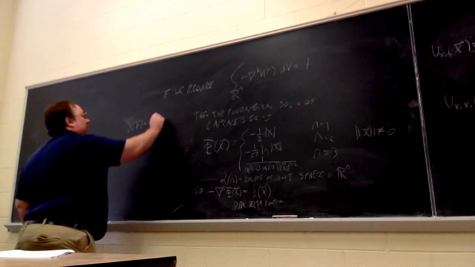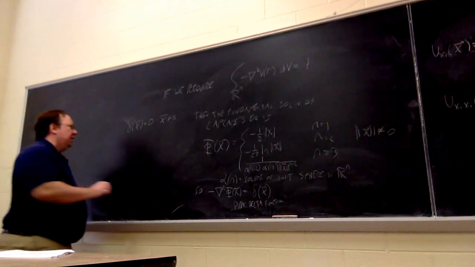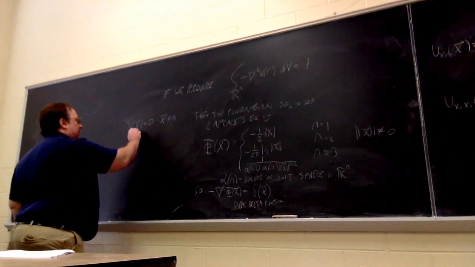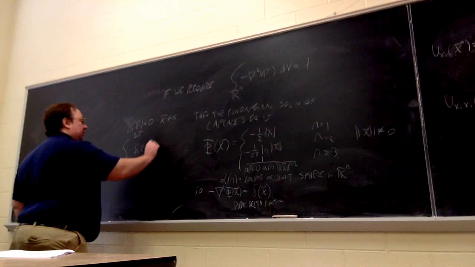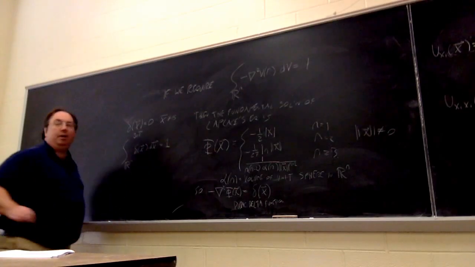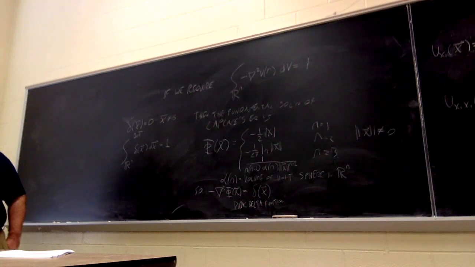It's equal to 0 for x non-zero. However, the integral over the whole space is equal to 1. So you could try defining it as maybe infinitely large at the origin. But the thing is, the delta function is technically not a function. It's what's called a distribution.